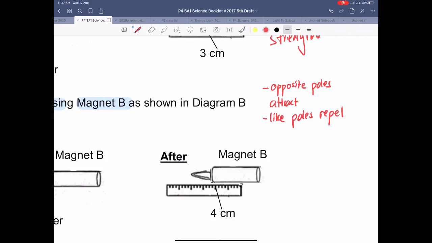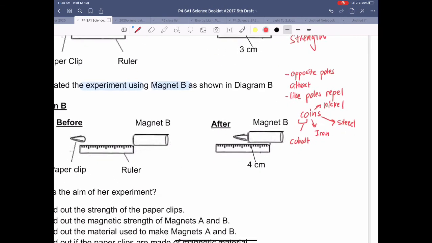And I hope all of you always remember the abbreviation, where Co stands for cobalt, I stands for iron, N stands for nickel, and S stands for steel. So these are your magnetic materials. All other metals in your syllabus, no. Aluminium, copper, all these, no. So this is very important.